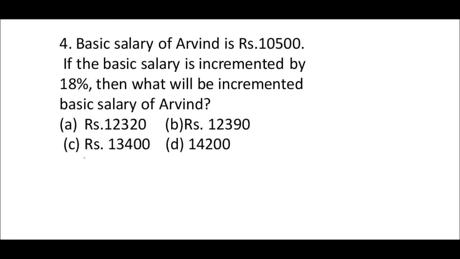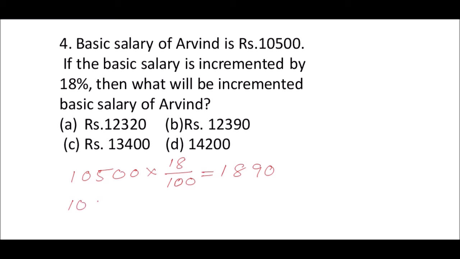Therefore find the 18% of 10,500. This 18% of 10,500 is equal to 1890, and that increment you have to add to the previous basic salary.